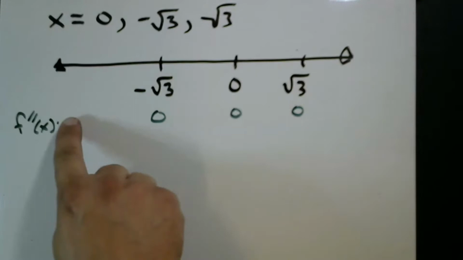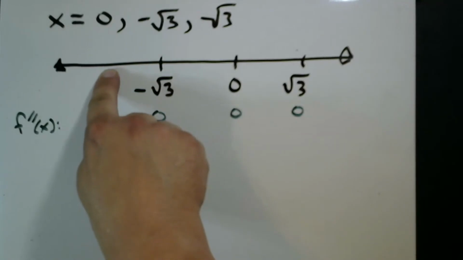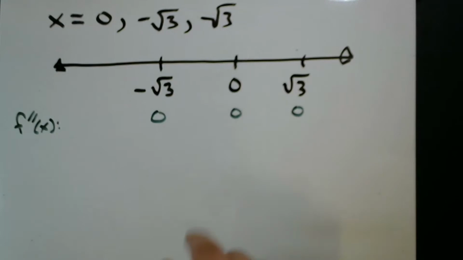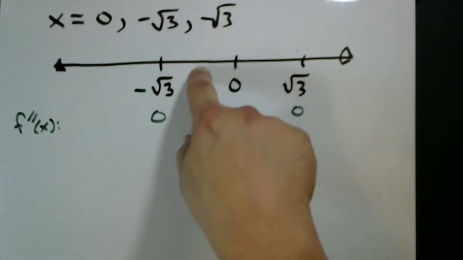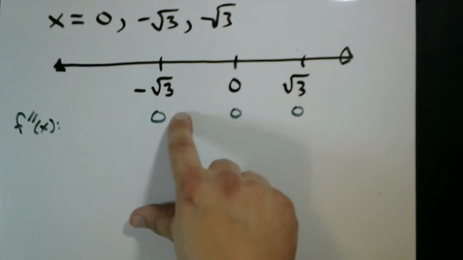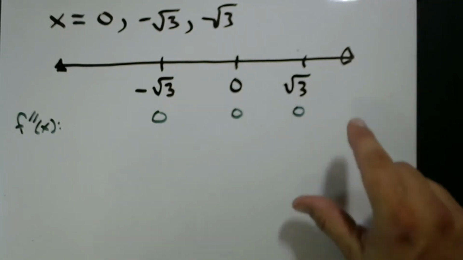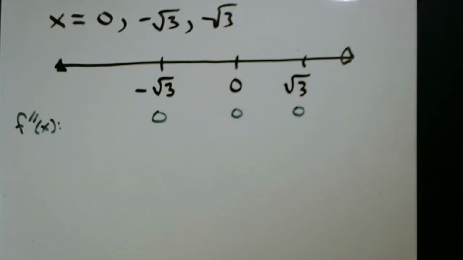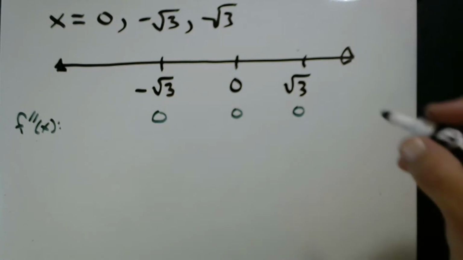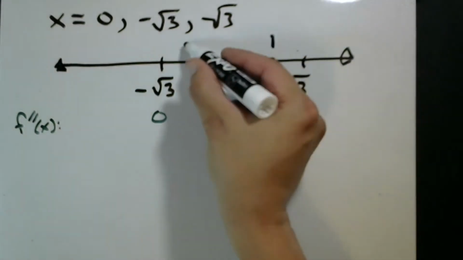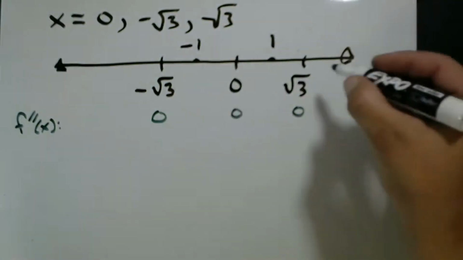So if it's negative at one point here, it has to be negative all through here. If it's positive at one point here, it'll be positive all through here. Same here, same here. So we're going to use test points again, and I recommend using fairly easy points.